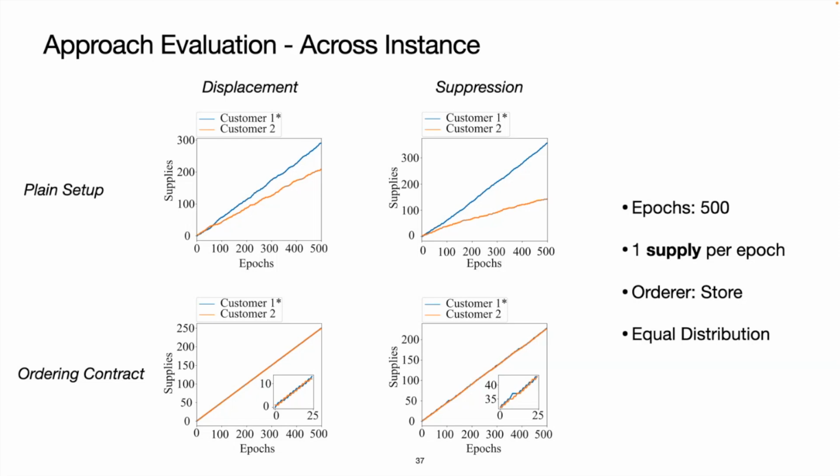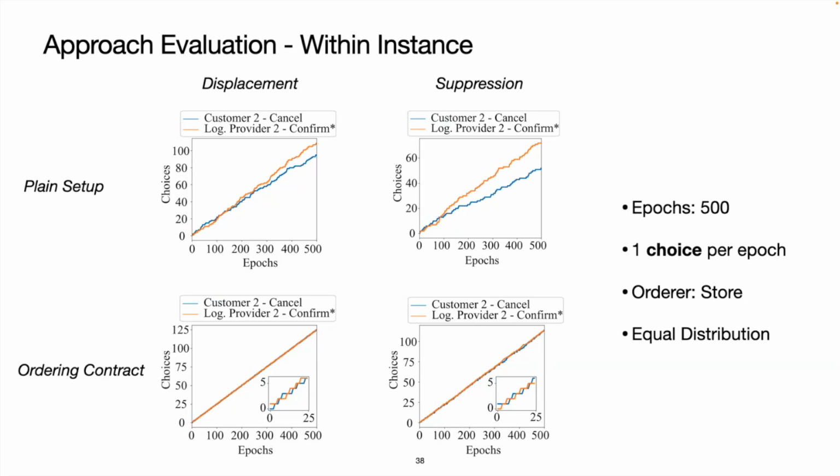And we can see that, because the store was choosing, both of them got an equal amount of supplies at the end. Also, for the within instance, we can see how the logistics provider could confirm most of the orders. With the ordering contract, we could make them look more even.